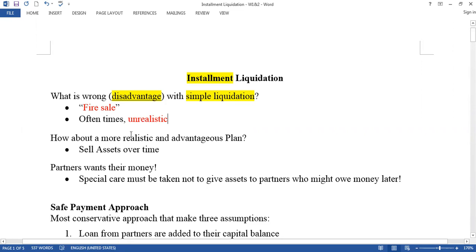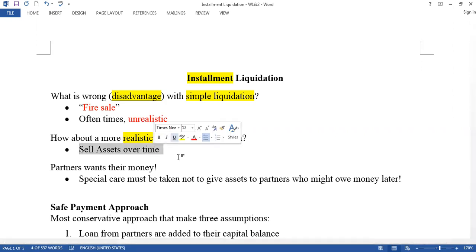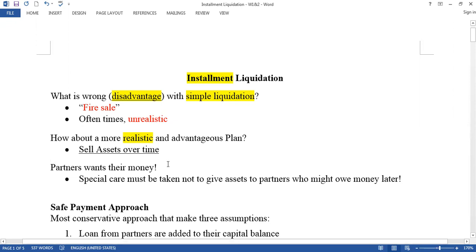Now, what about the realistic method? The realistic approach is that you sell your assets over time. For example, you sell a building today, a few days later you sell your land, and on other days you sell your equipment. Whenever you have a very good customer, or whenever the market price is higher, you can decide to sell your land or your building.